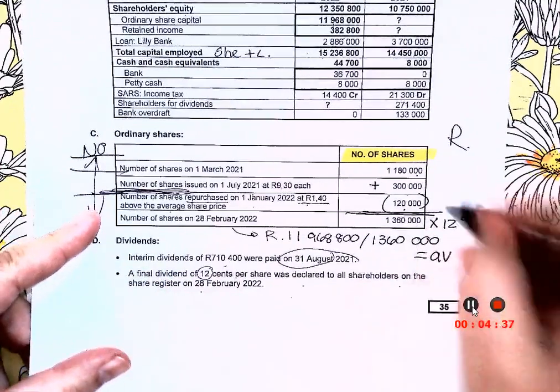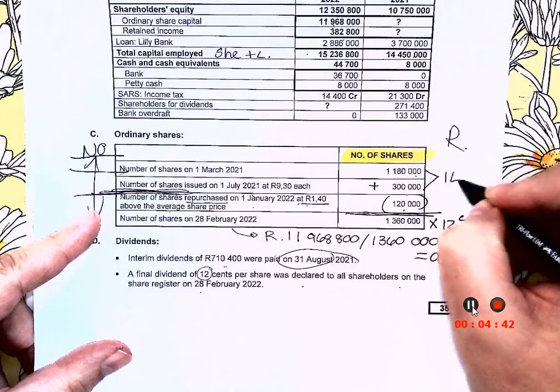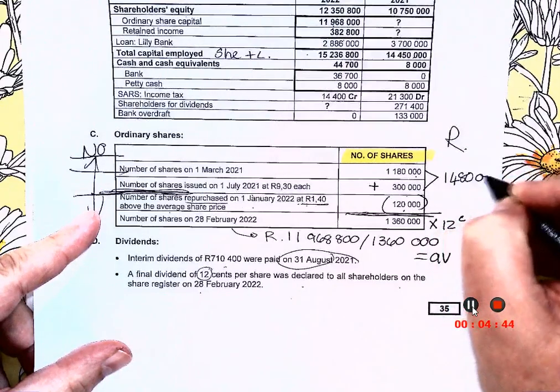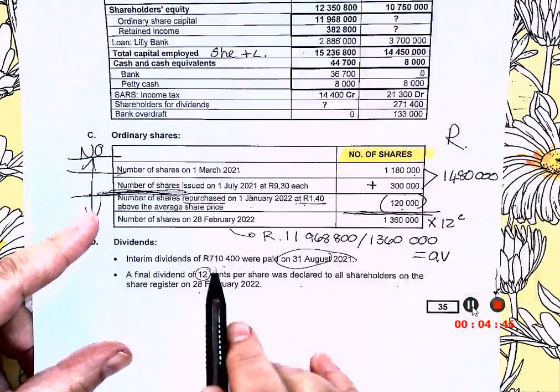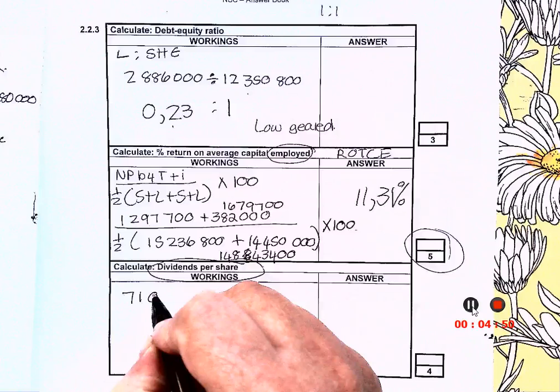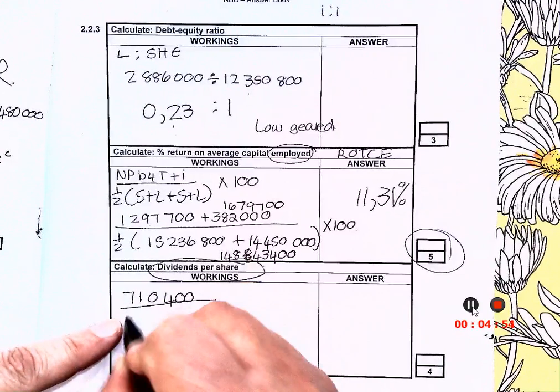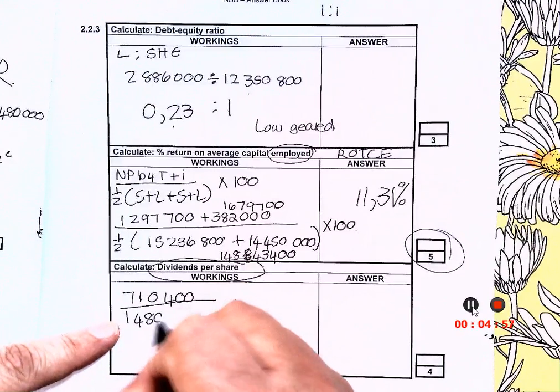So in other words, up to now, how many shares are in issue? 1,480. Is everybody with me? They say we paid out 710,400. And we need to work on 1,480,000 shares.